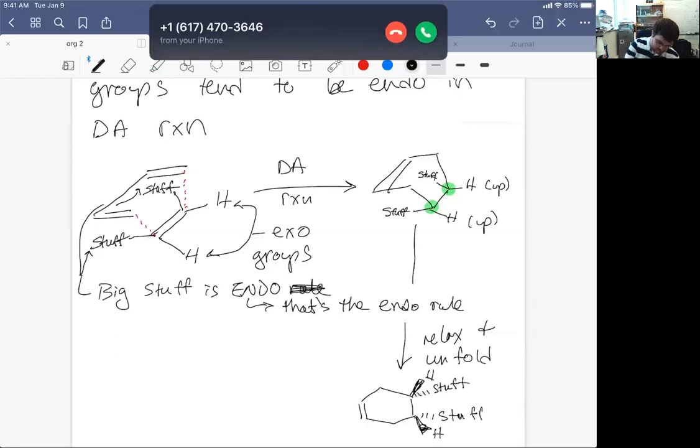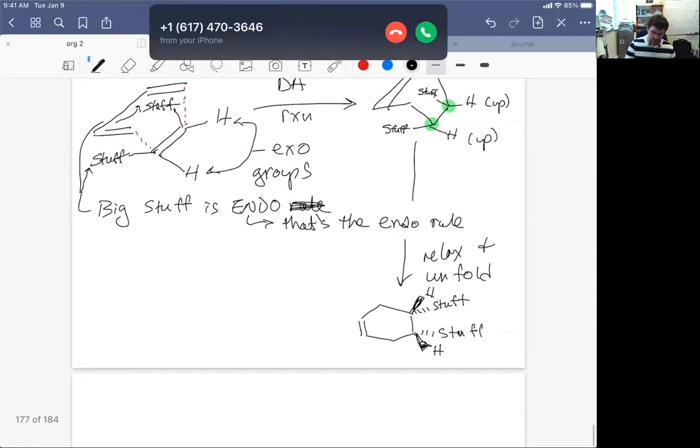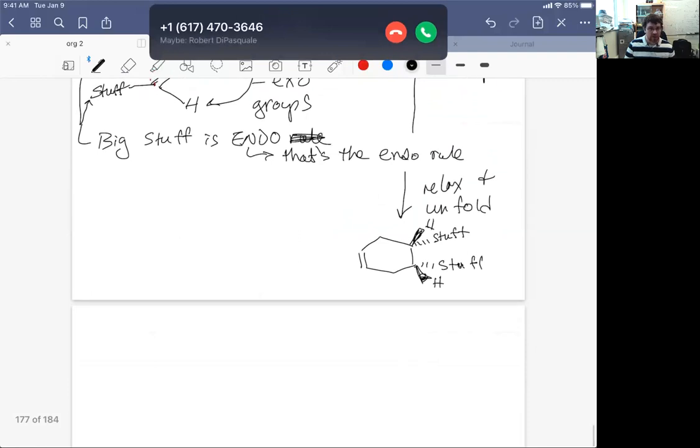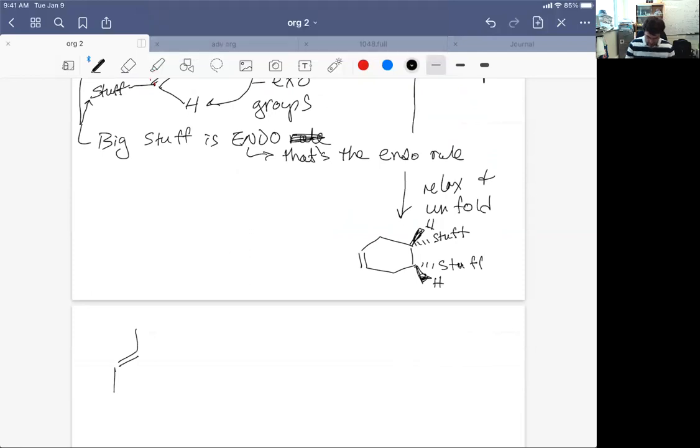So, if I'm more specific here, let's go ahead and consider a Diels-Alder reaction where we mix this with this. Okay.